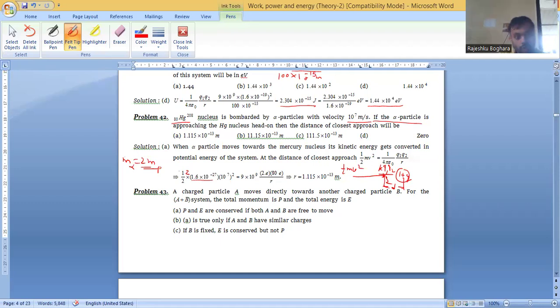Sorry, 4m will come, because it is 2He4. The mass of the alpha particle is 4m. So here we write into 4. Whatever answer comes, we have to take that. So we get R here.